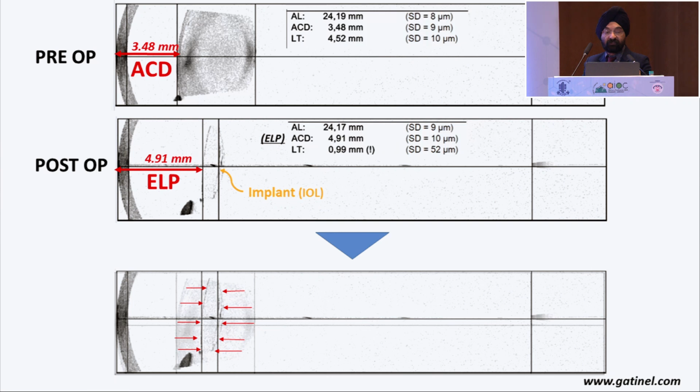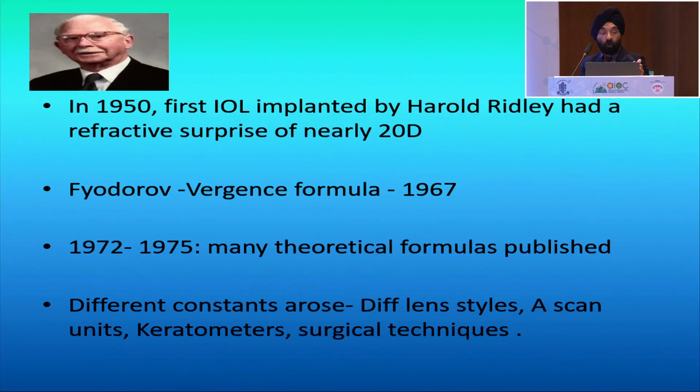Why does it happen? Because preoperative anterior chamber depth is different from the postoperative anterior chamber depth. This is because the crystalline lens, which is about 4 or 4.5 millimeter, is replaced by a lens which is less than 1 millimeter. So the anterior chamber depth changes, and that's why the effective lens position of the IOL also changes.